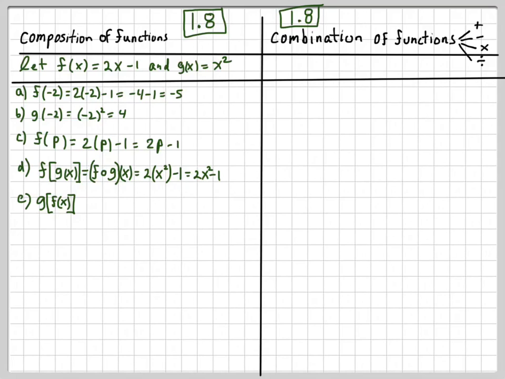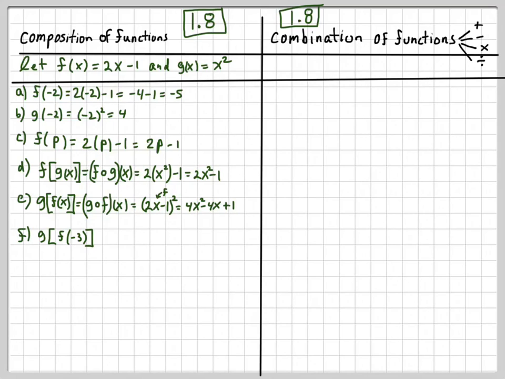Now, if I write it in the function notation, I would say g of f in parentheses, and followed by x afterwards. And that is saying take f and substitute it into g. So in this case, we would get 2x minus 1 in parentheses squared, and we would have to FOIL. And if we FOIL, we get 4x squared minus 4x plus 1.